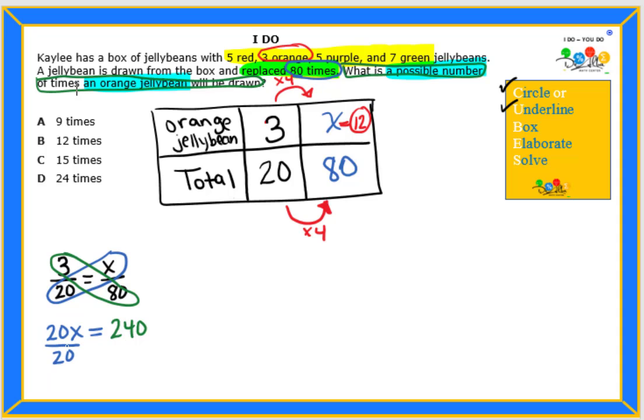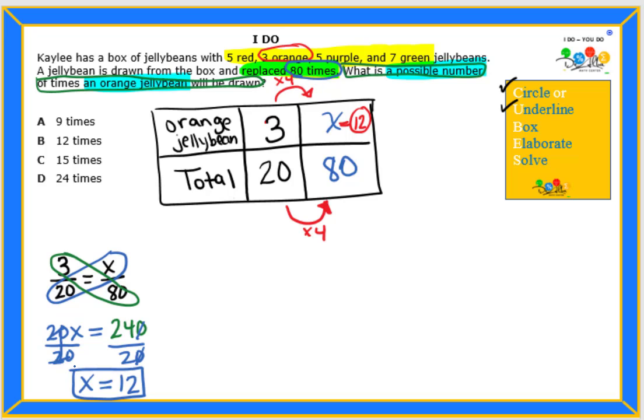And in an equation, whatever I do to one side, I do to the other. So 20 divided by 20 is 1, so we have x equals, and then 240 divided by 20, we can divide both of them by 10, and that would eliminate these zeros, and then 24 divided by 2 is 12. So we'll get 12.